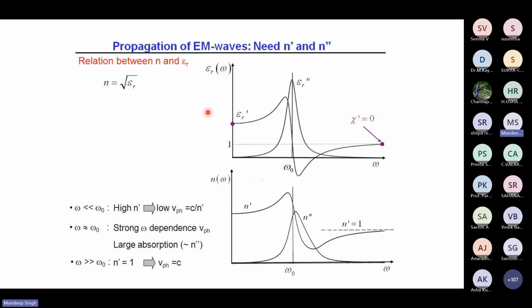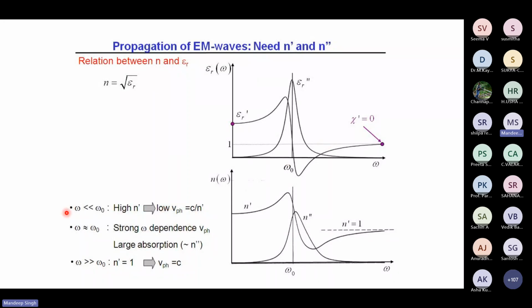We will see at what frequency we have maximum loss, and then accordingly we can pick out the operating regions. From this graph you can see both variations plotted here, permittivity and refractive index. Now let's see what they signify.